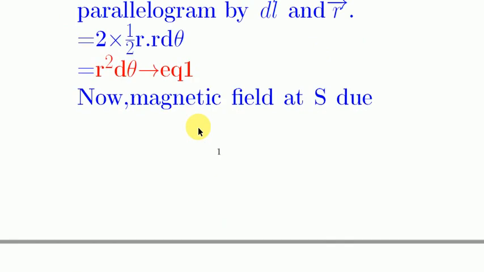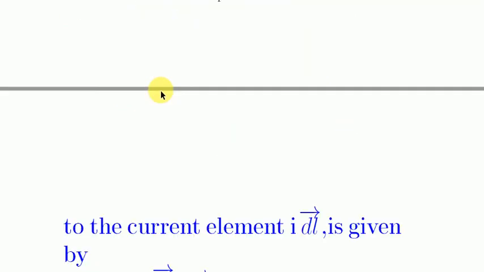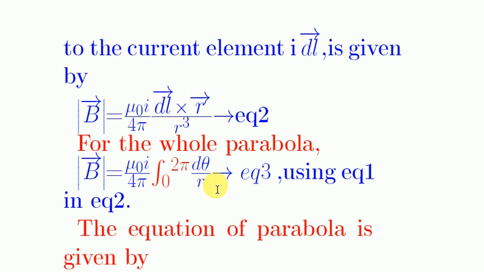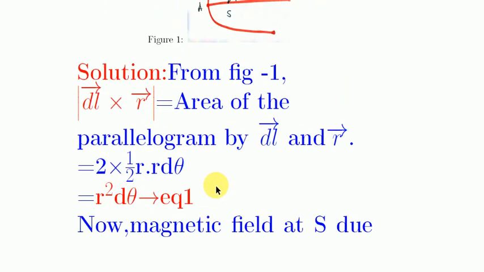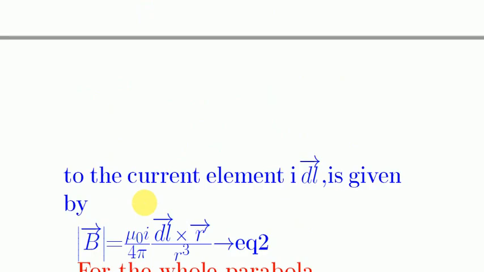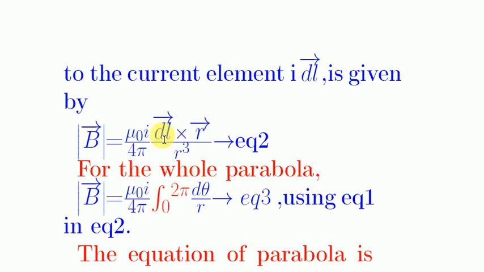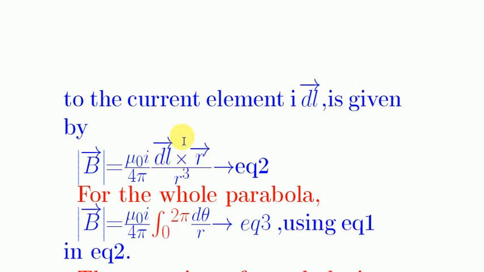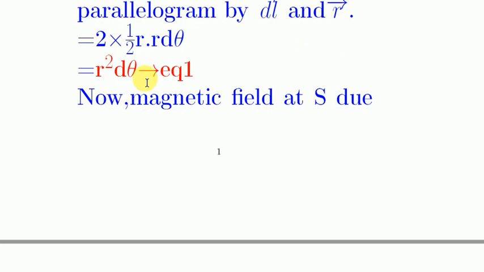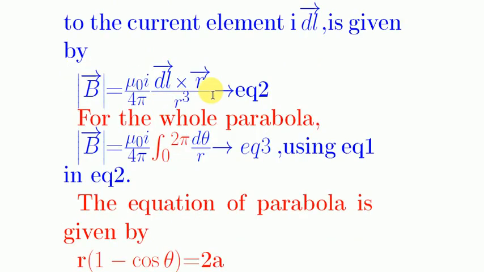If we use equation 1 and 2, then we can easily get d theta by r. Let us see here, dl cross r equals r square d theta, and if we use this in equation 2, in place of dl cross r we write r square d theta, then r square d theta by r cube gives us d theta by r.